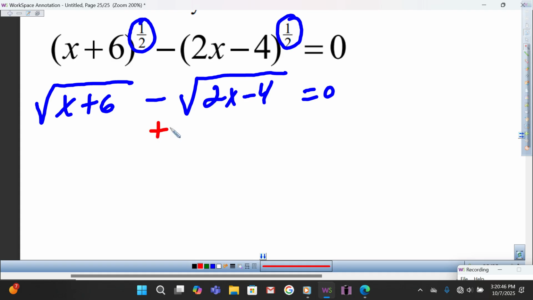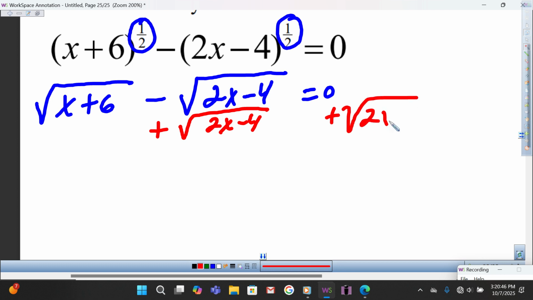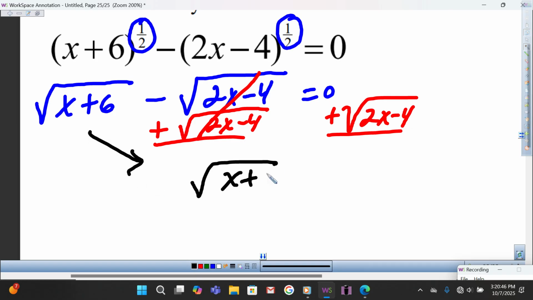How do we get rid of this negative square root? By adding square root of 2x minus 4 to both sides. Are we there? All right, so that leaves us with, what's on this side? We're left with square root of x plus 6 equals to square root of 2x minus 4.